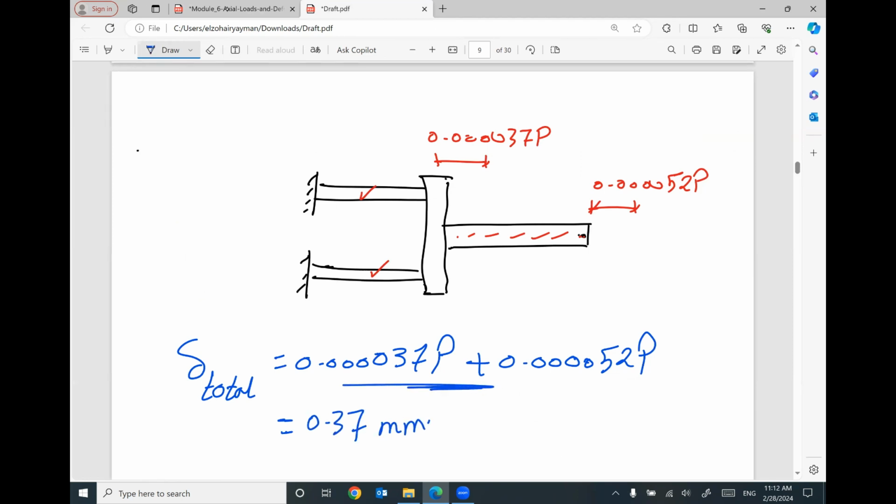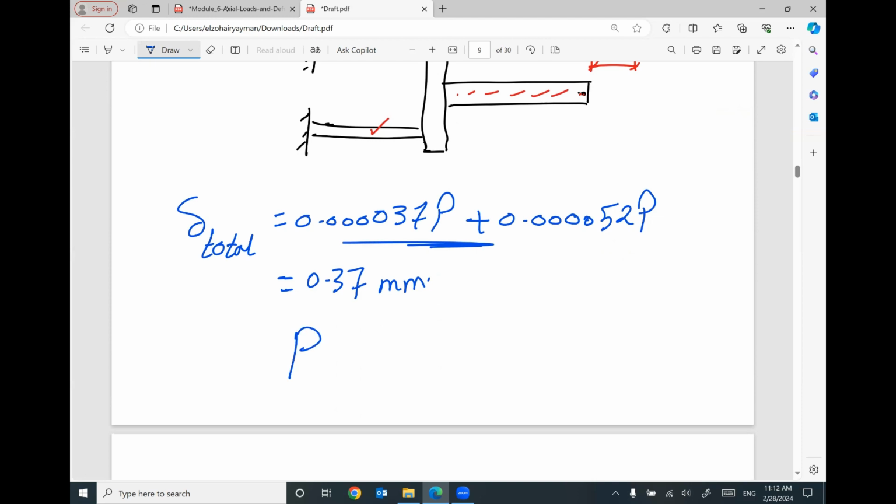So I can figure out the only unknown, which is the applied force P. It will be 4121.33 Newton, or 4.121 kilonewton.